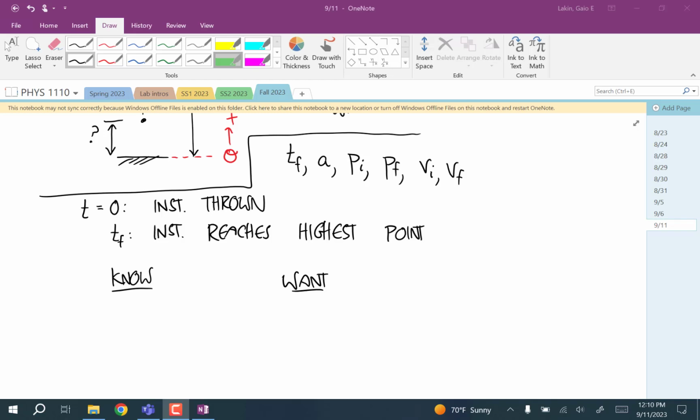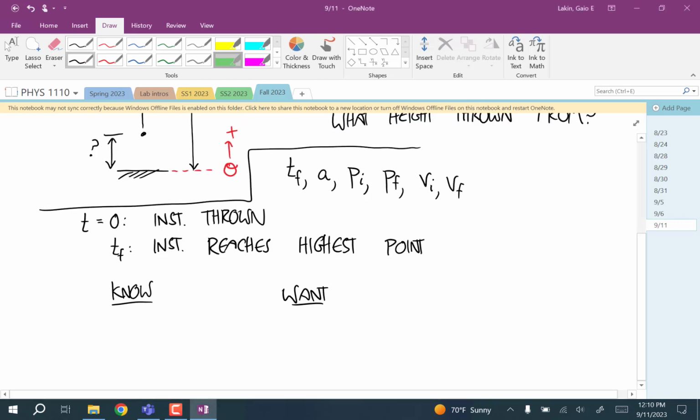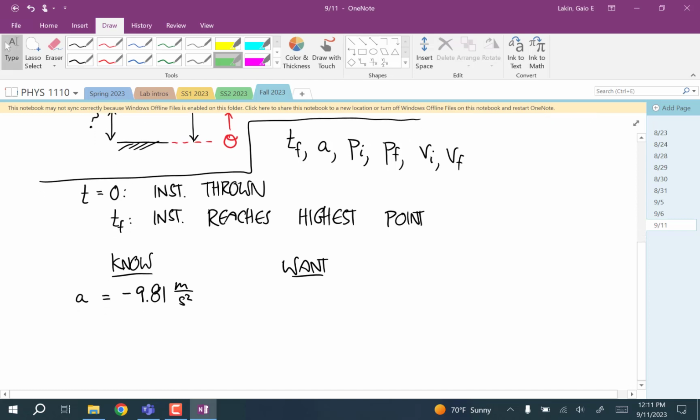Do we know acceleration? We do, in any free fall problem, remember acceleration is down at 9.81. So A is equal to plus or minus 9.81 meters per second squared. In this case, is that going to be positive or negative? Negative, because I chose positive up. Okay, so this is going to be negative because it's down. Do we know the initial position?